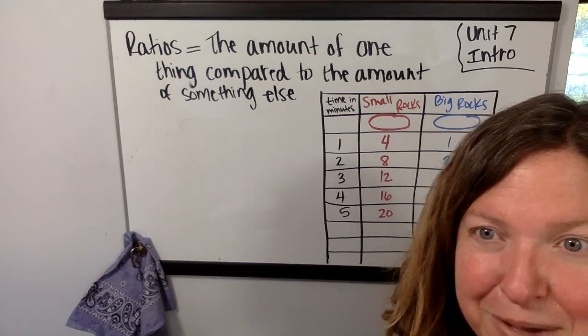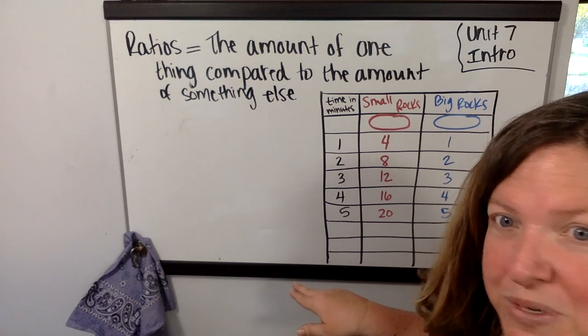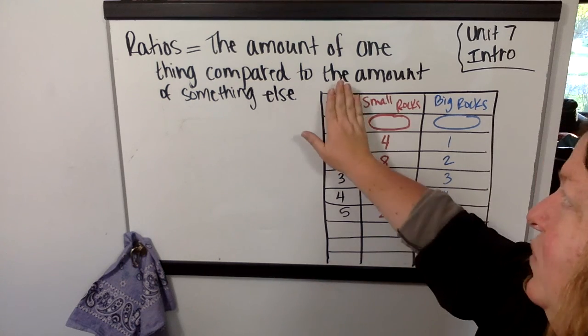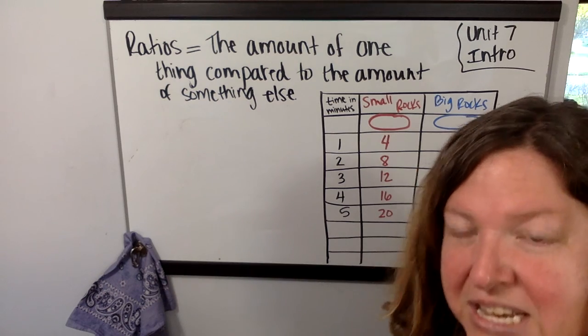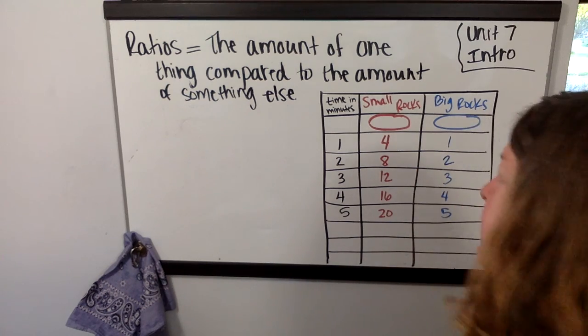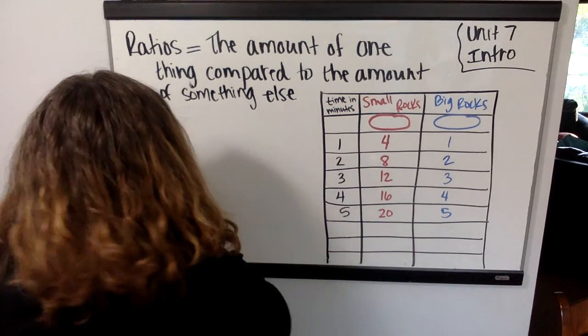It compares them. Now, sometimes on a ratio table, you won't even see how often it is per whatever it is. In this case, it's per minute. Oftentimes in a ratio table, they take that out. You won't even see it.